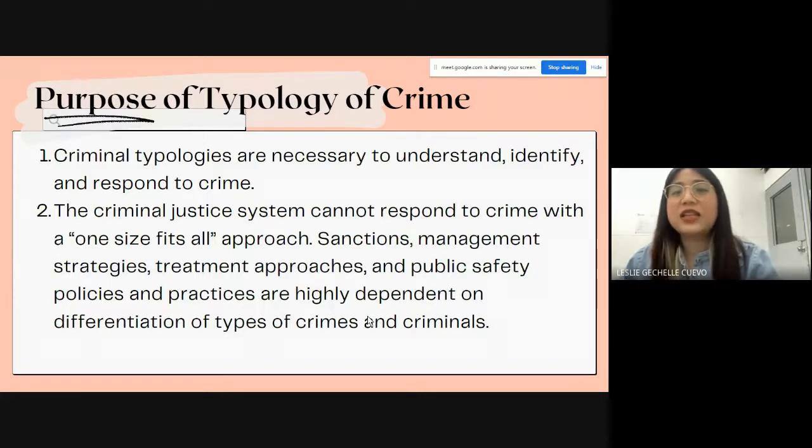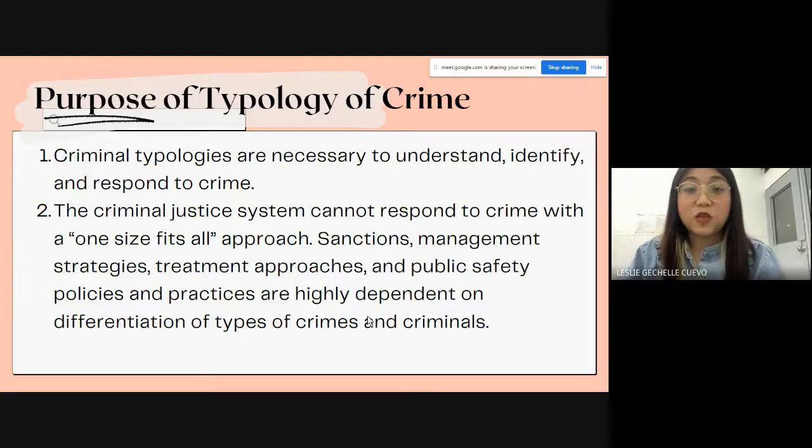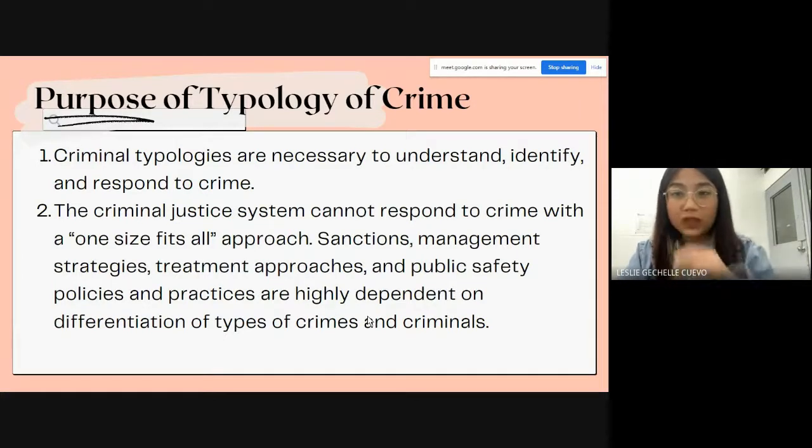Sanctions, management strategies, treatment approaches, and public safety policies and practices are highly dependent on differentiation of types of crimes and criminals. So depende sa kung ano ang strategy na ginagawa ng mga nag-i-implement ng batas o ng mga policies.